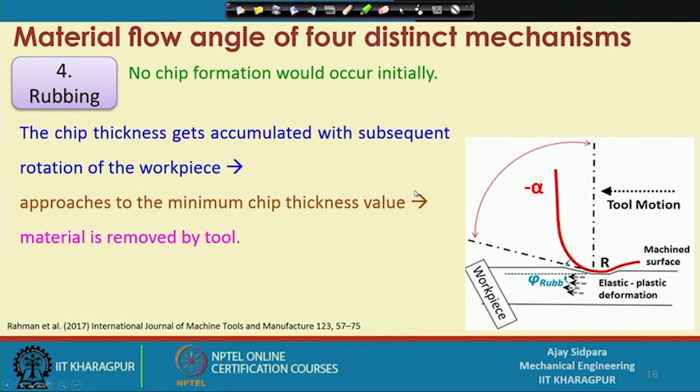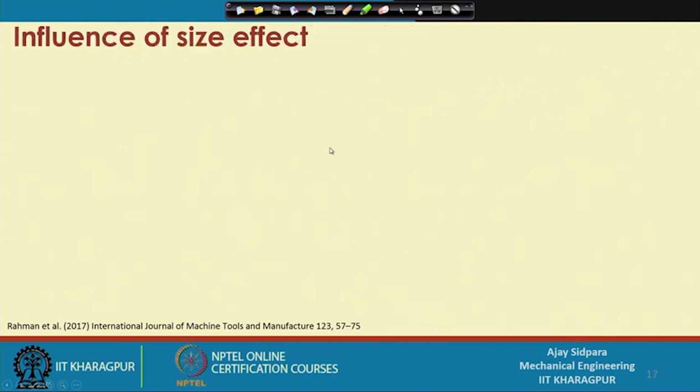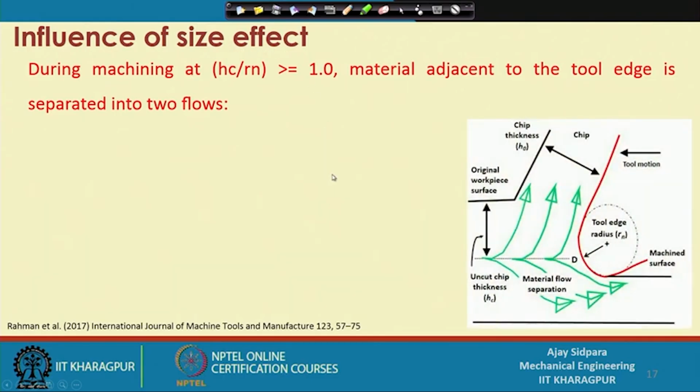Right. So, last class we completed the rubbing portion, and we concluded that rubbing deteriorates the surface quality significantly. So, we have to avoid the rubbing operation. Now, let us see the influence of the size effect on the different parameters.